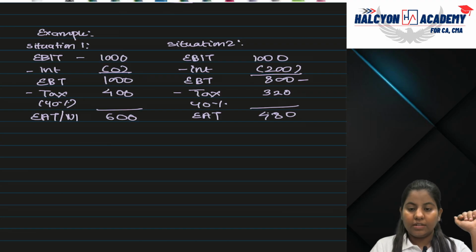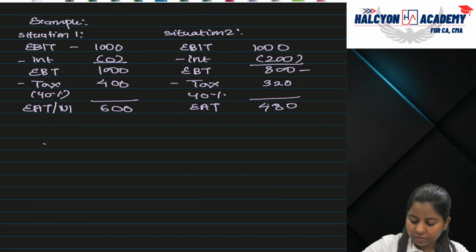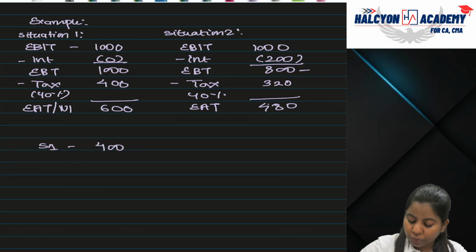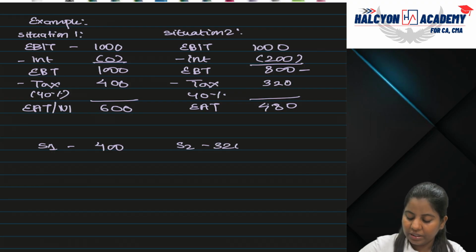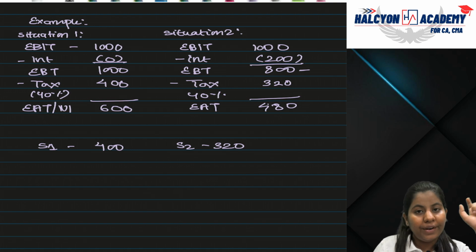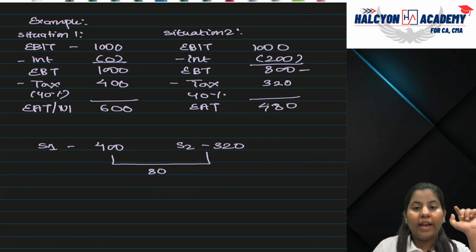See, in situation 1, we paid tax of 400 rupees. In situation 2, we paid tax of 320 rupees. So due to interest, we saved rupees 80.